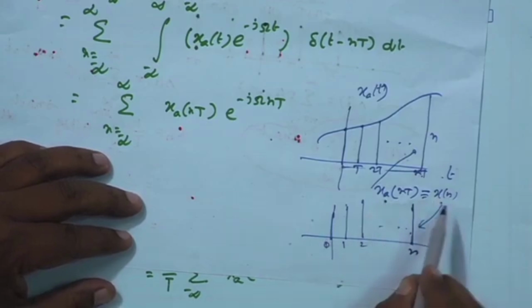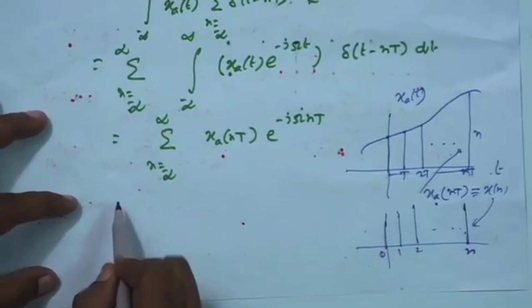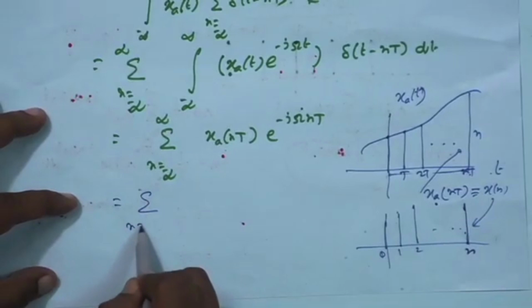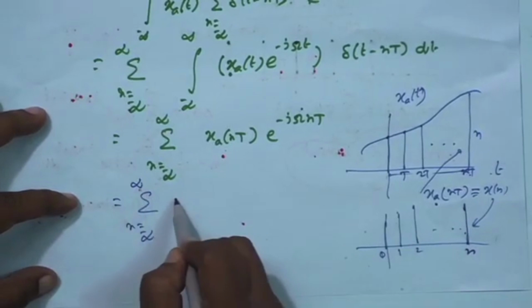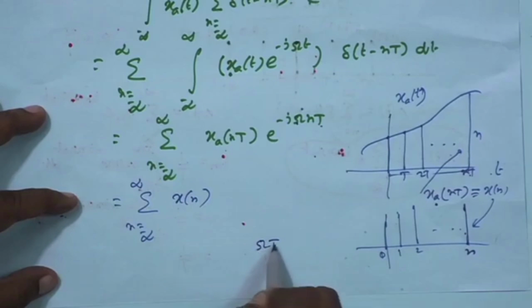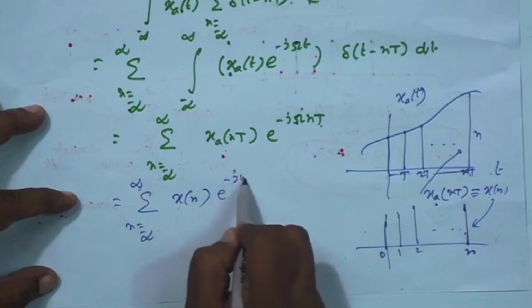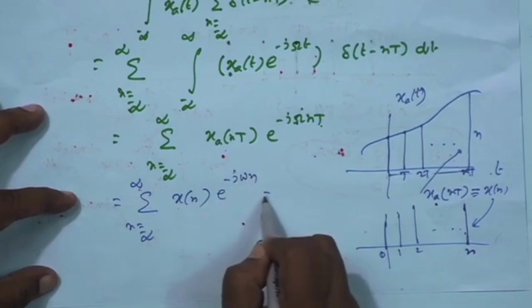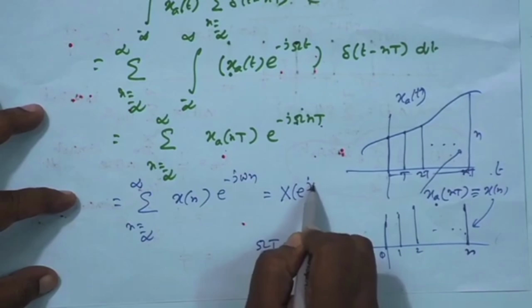So this is nothing but x[n], and capital omega T, radian per second into second, is a digital frequency, only radian, you call it small omega. So you are left with e to the power minus j omega n.